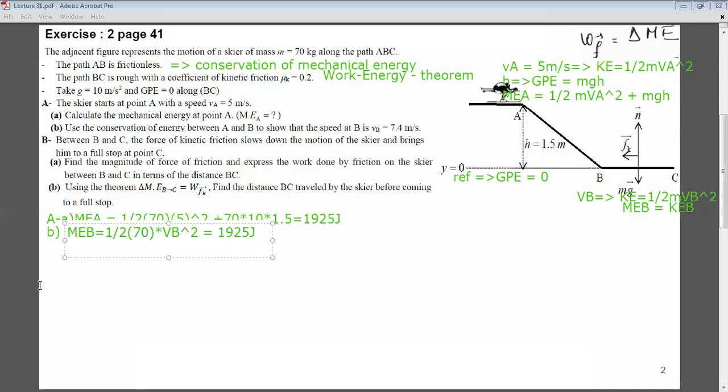Now, what will I get? 70 over 2 is 35. 35 VB squared is equal to 1925. So VB squared is equal to 1925 divided by 35.